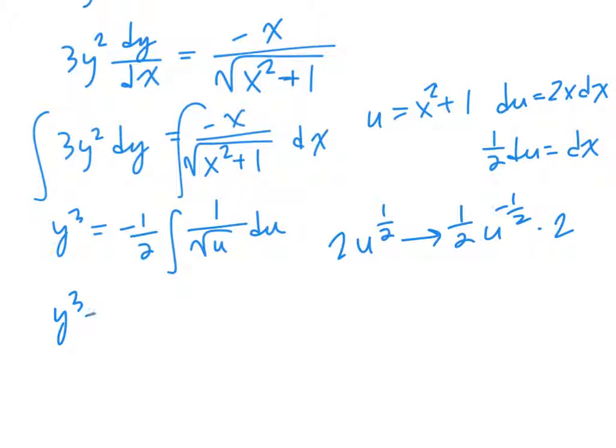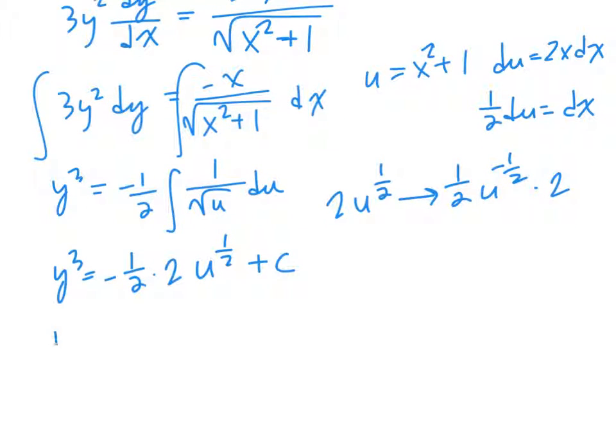So y cubed is equal to negative 1/2 times that 2 that I added, and then u to the 1/2 plus c. At this time, you should substitute that u back in. So that is negative x squared plus 1 to the 1/2 plus c.